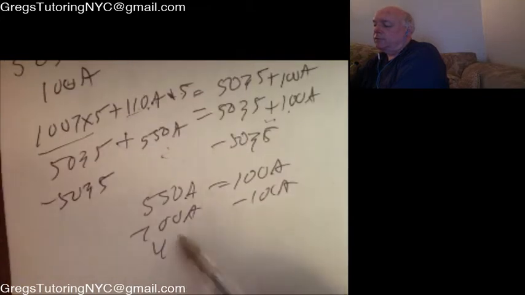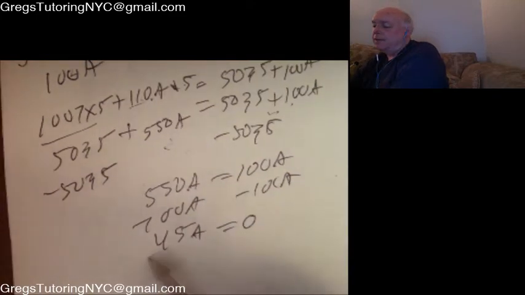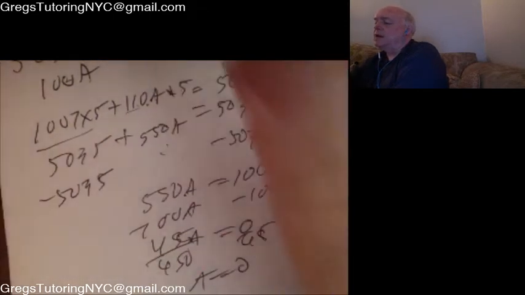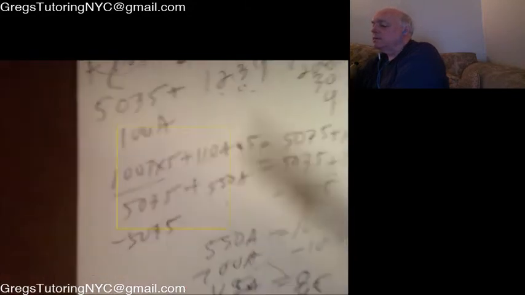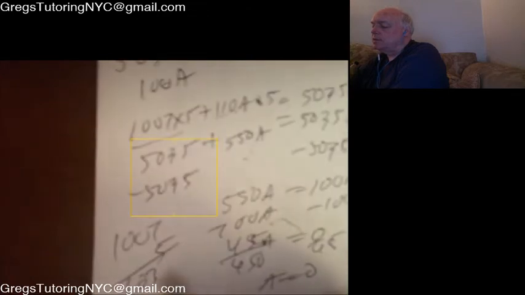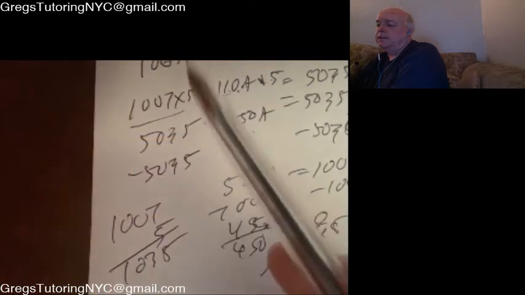So we're going to get 450A equals 0. And then we're going to divide both sides by 450. And A equals 0. So we solved this algebraically, and that was our answer before when we brute forced it. Right? 1007 times 5 is 5035. All right? And that's how this works.